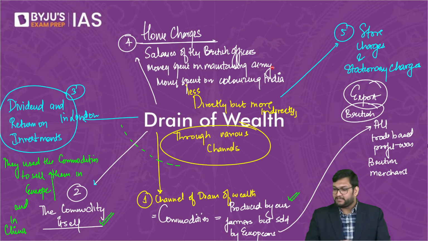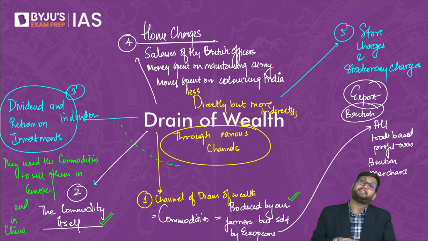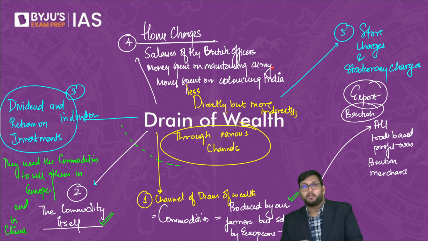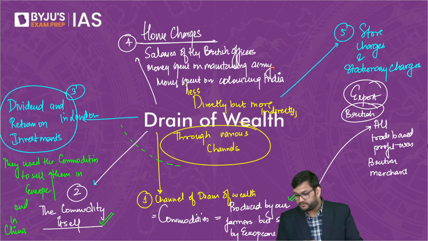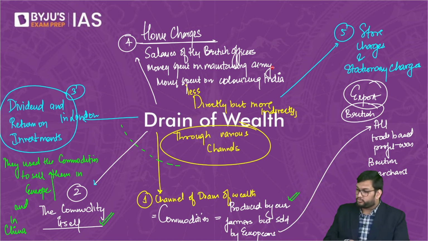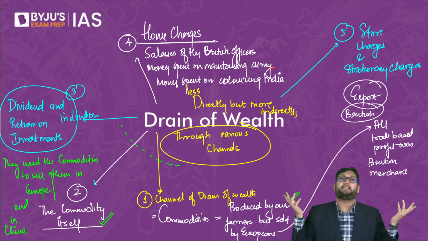The basic point, Shivam, is that when they are exporting, the exporter is a Britisher. When they are selling, it is again a Britisher. When they are getting dividend, then again it is a Britisher. Who rules us is also a Britisher. And who buys that equipment is also a Britisher. So, this is the story of Indian exploitation.